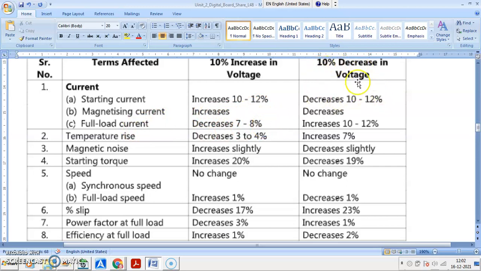When voltage decreases by 10%, starting current decreases by 10 to 12%, magnetizing current decreases and full load current increases. Then temperature rise also is there: with change in voltage, temperature decreases by 3 to 4% when there is 10% increase in voltage, but a 10% decrease in voltage increases temperature by 7%.